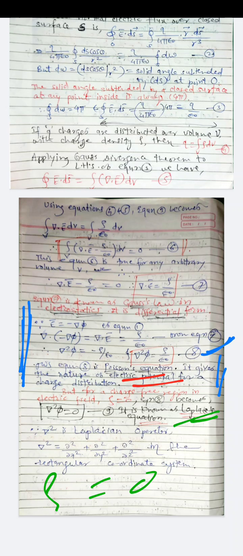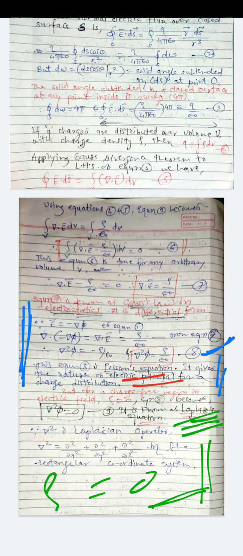When the RHS of del square phi is 0, it is known as Laplace's equation. In this equation, del square is known as the Laplacian operator. Therefore, del square equal to dou 2 by dou x square plus dou 2 by dou y square plus dou 2 by dou z square in the rectangular coordinate system. It is the form of the Laplacian operator as del square.